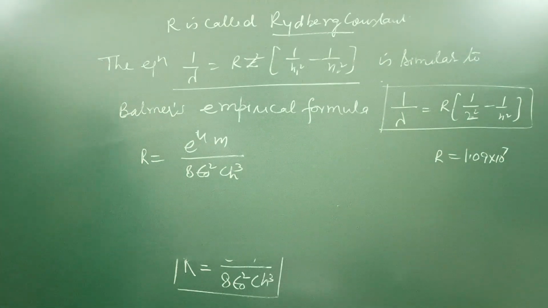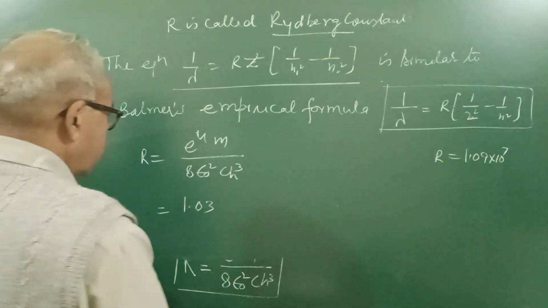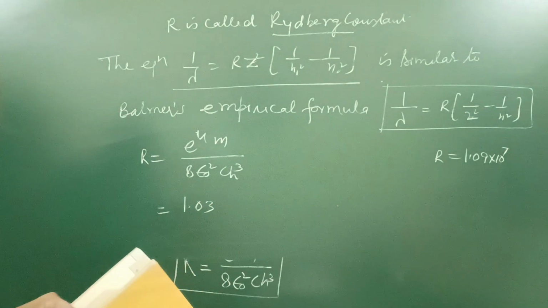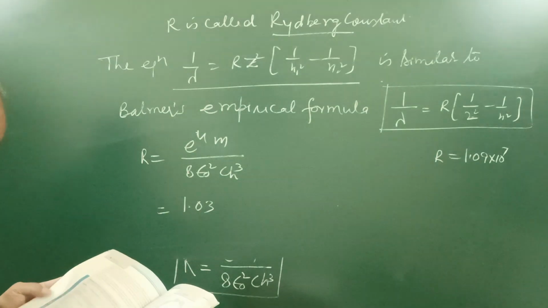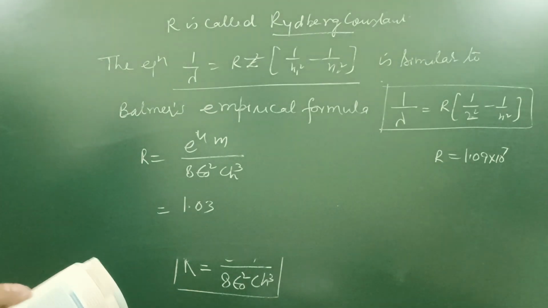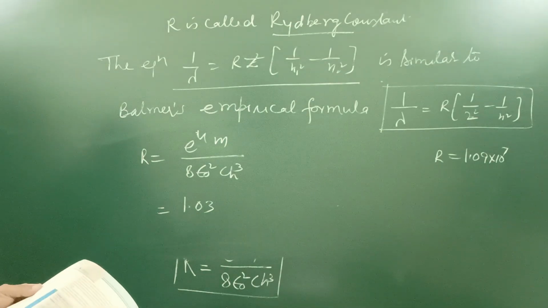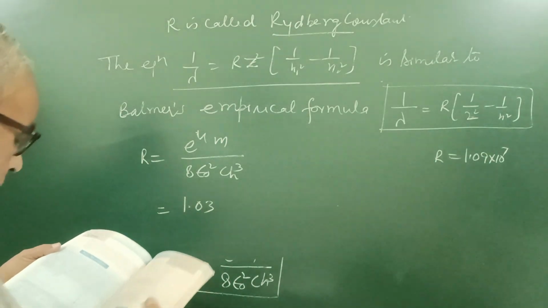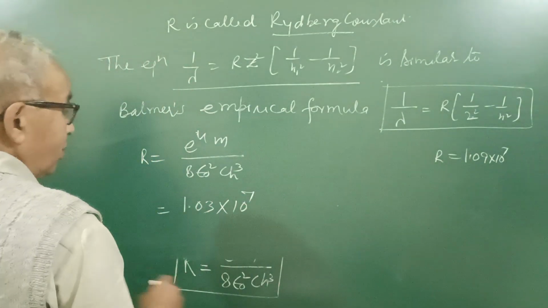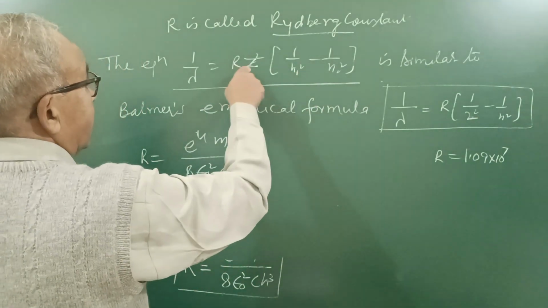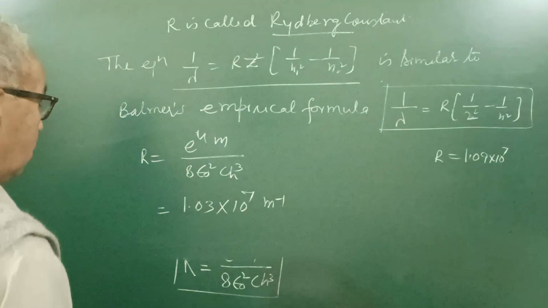If we put the values of all these constants, we get R equal to 1.03 × 10^7 per meter. Per meter is the unit of the Rydberg constant.